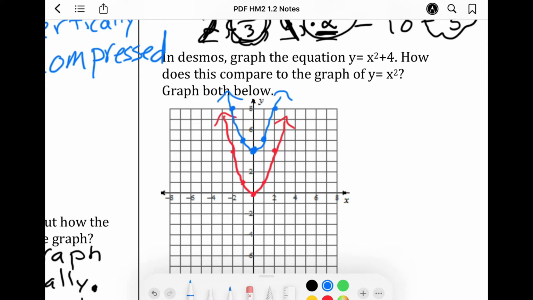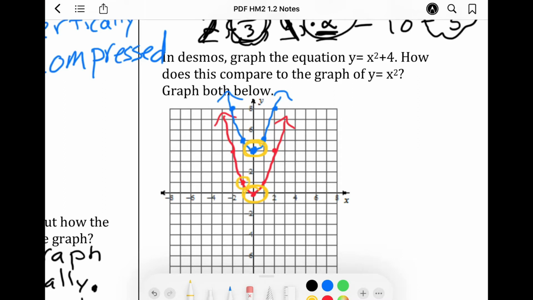So we need to figure out, how did we change in between the red and the blue? Well, if you look and identify our vertex in the red graph versus the blue graph, how did it change? Did it move down? Did it move up? Did it move left? Did it move right? It moved up. Did all other points move up?